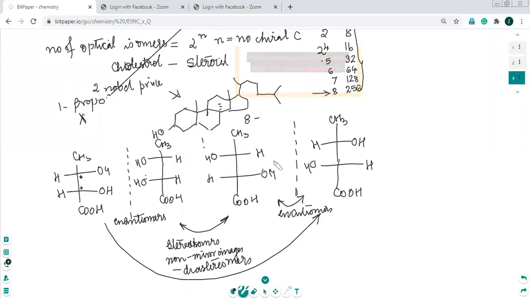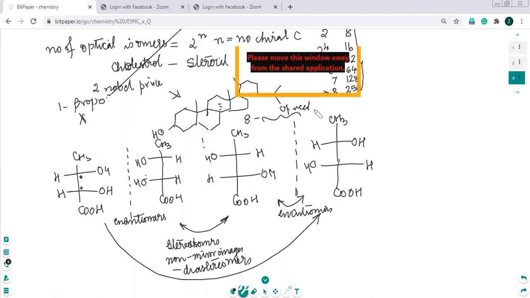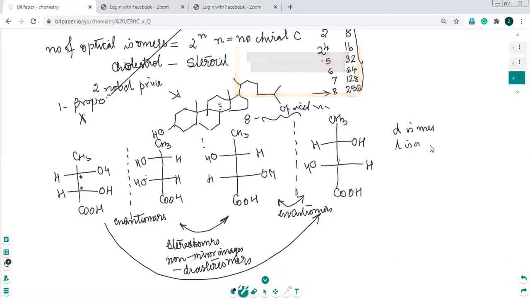Now, an equal mixture of these two will be optically inactive. Similarly, an equal mixture of these two will be optically inactive, which you call a racemic mixture. Okay, so D isomer, L isomer and DL.